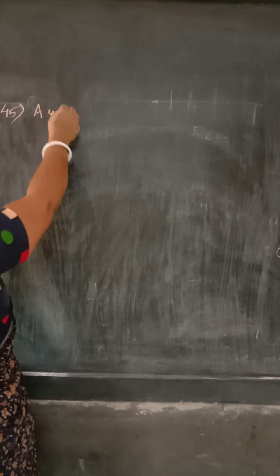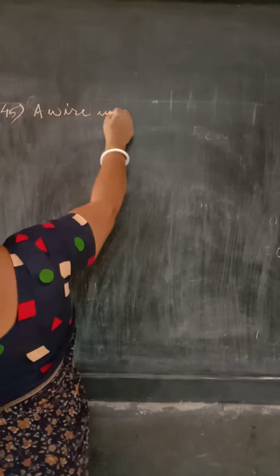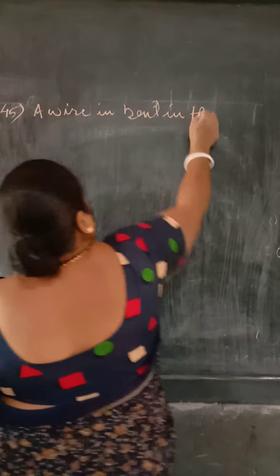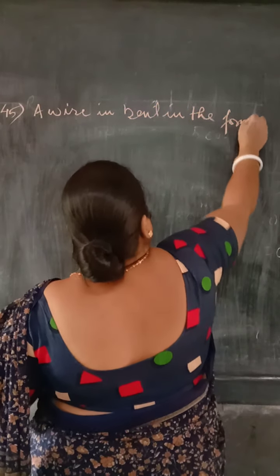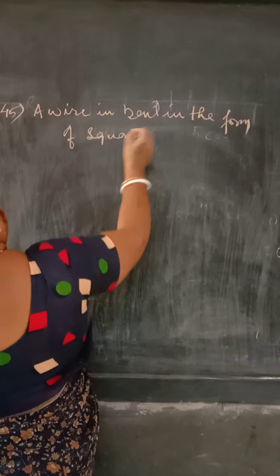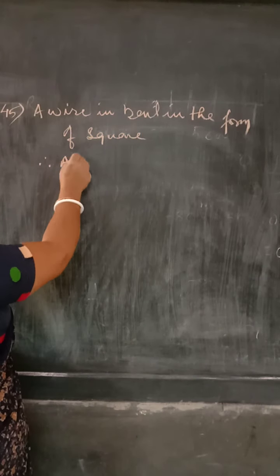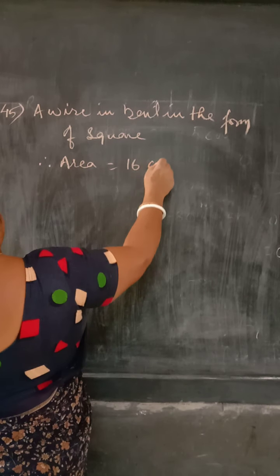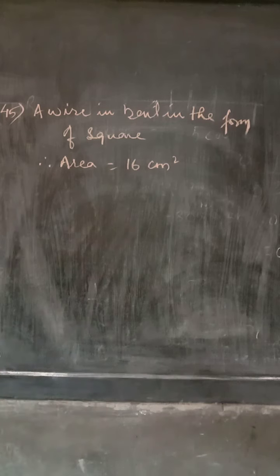A wire is bent in the form of a square. So area is equal to 16 centimeters square. Is it?